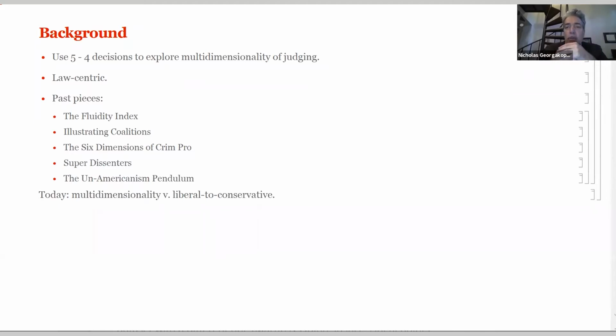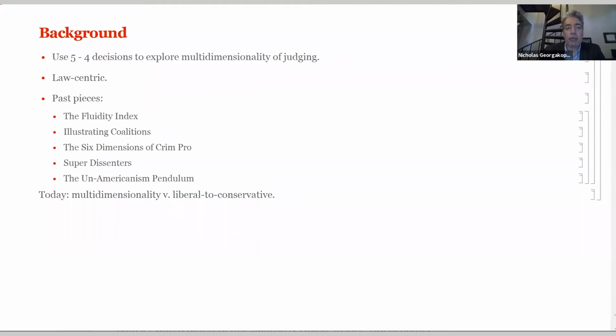And the opposite extreme is that a proportionate number of opinions are issued by each possible coalition of 5. And the fluidity index places the court in that space. We've made graphics illustrating how the court produces opinions out of different coalitions of 5.